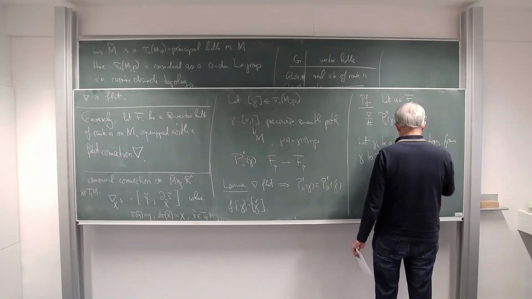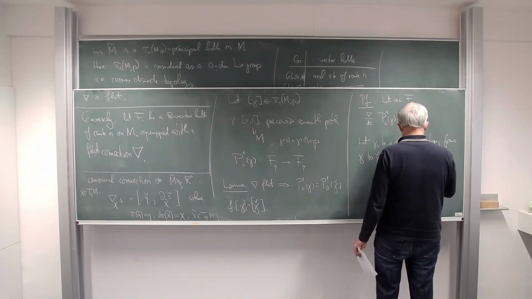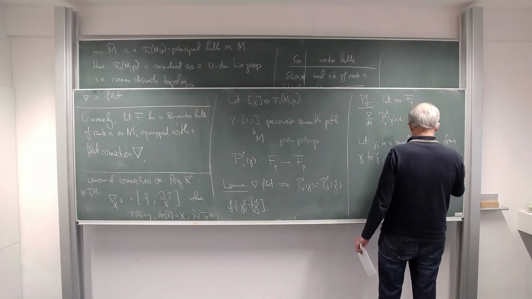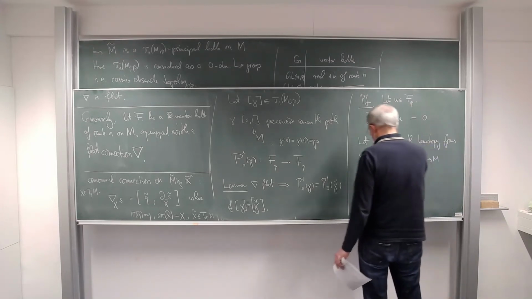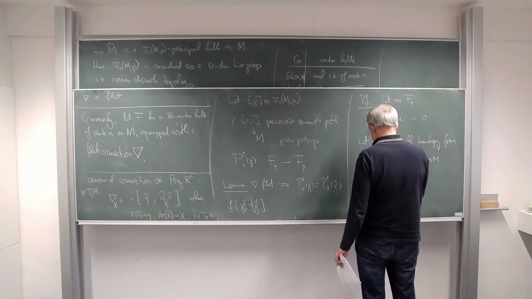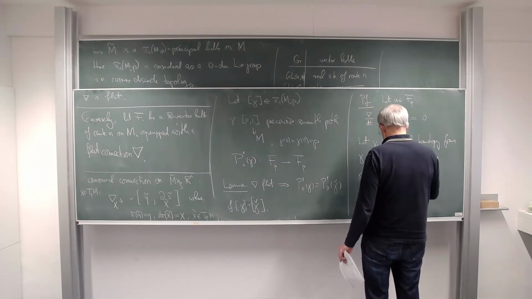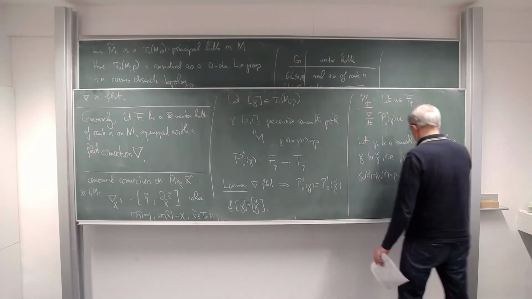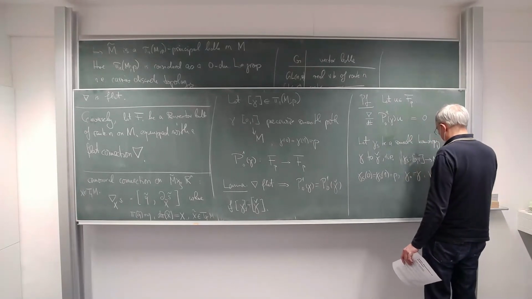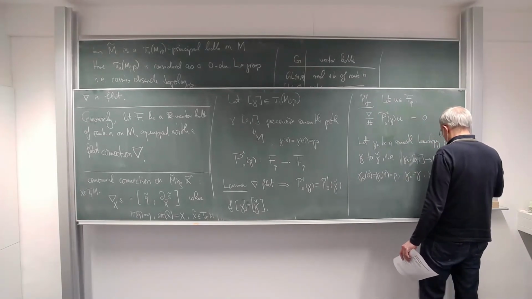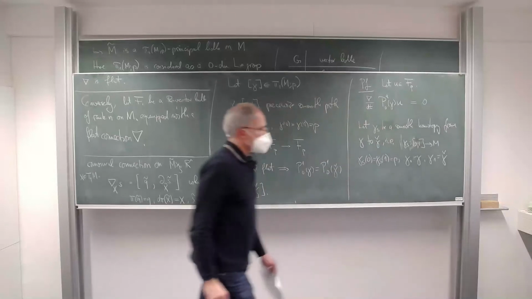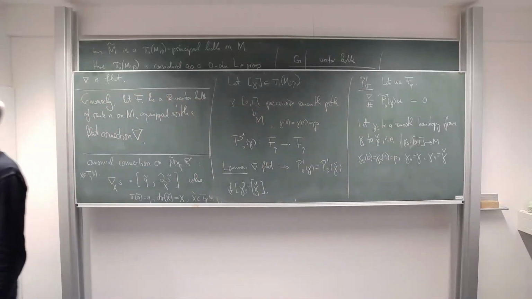So it's a smooth path. Then same base initial points, end points in P, and gamma 0 is gamma, and gamma 1 is gamma hat, gamma check. So it's a deformation from the one path into the other.